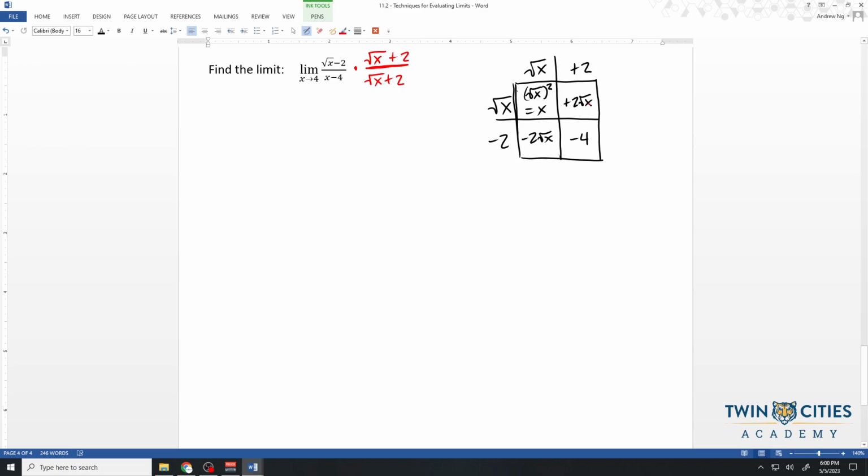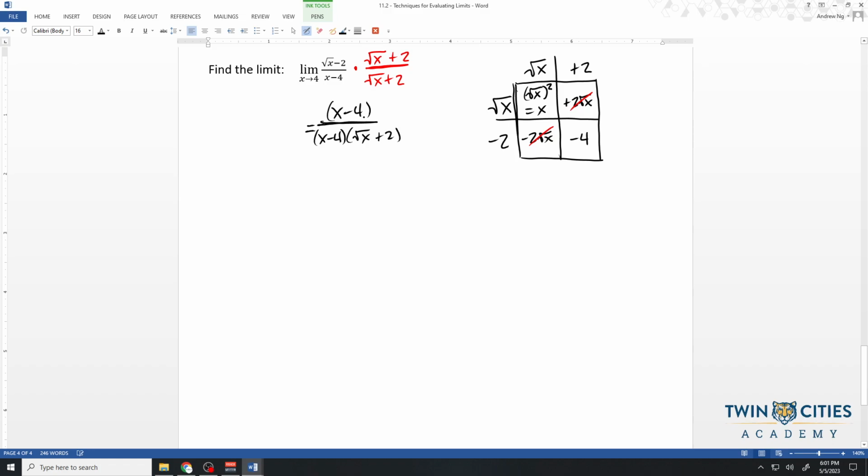Okay, let's subtract out and write what's left. So I'll have x minus 4 on top over, on the bottom, I'll leave this as x minus 4 and then times the square root of x plus 2.